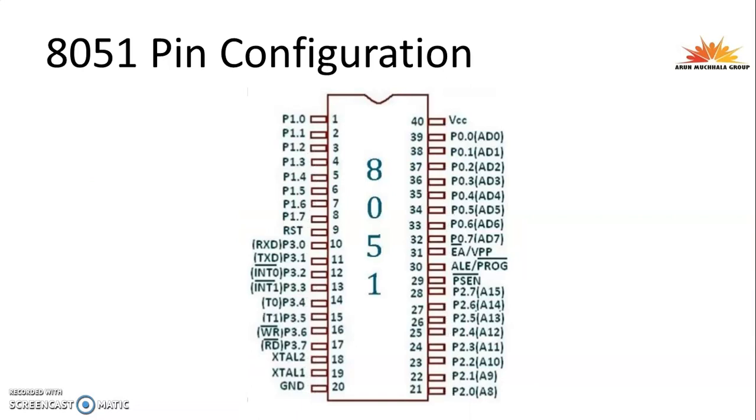So with this we have understood the function of each pin of this 40 pin IC.